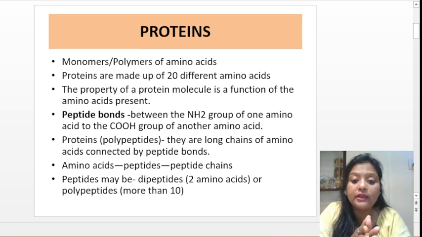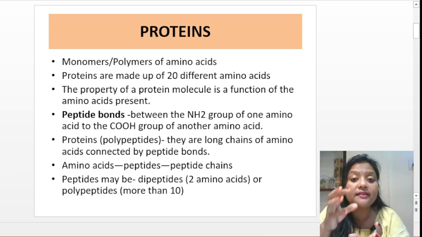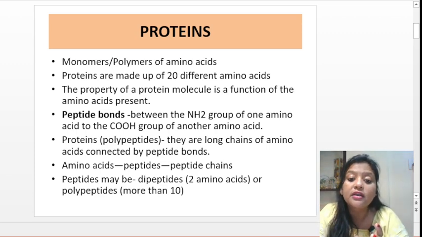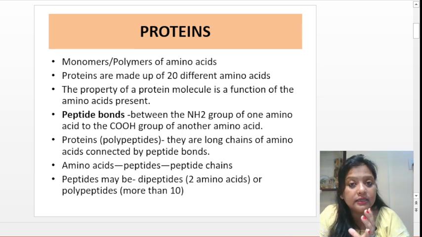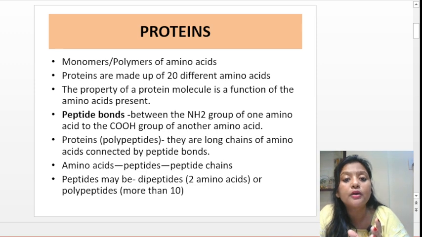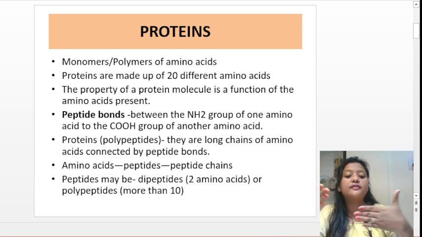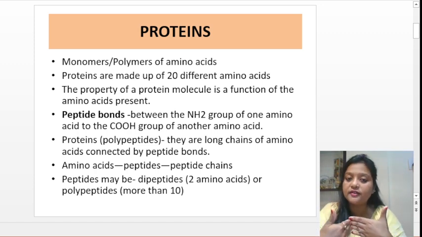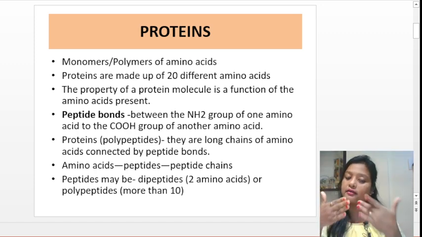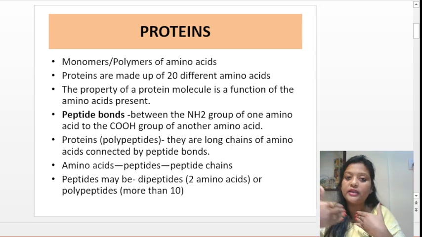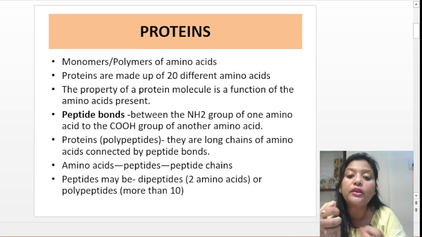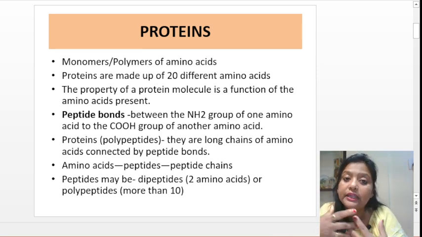The amino group of one amino acid is linked with the carboxylic acid group, the COOH group, of another amino acid. Suppose there are two amino acids, and in one amino acid NH2 is there and in the other COOH. This NH2 will link with the COOH with the help of a peptide bond. This is how they bind or link to each other.